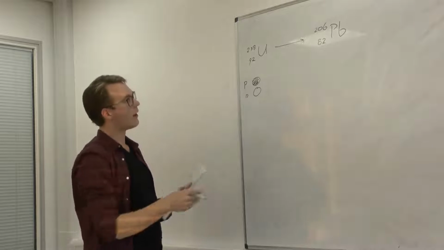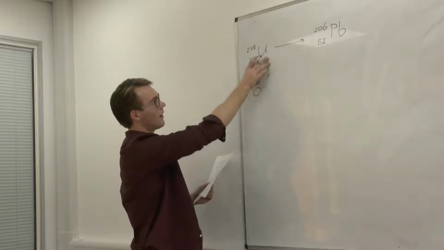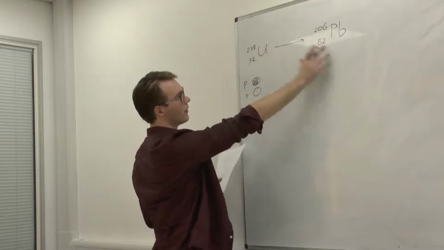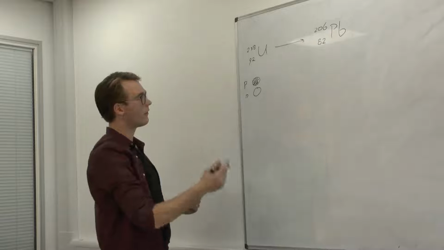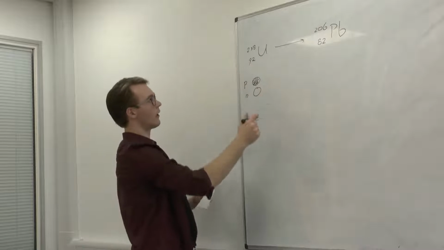And then the question is, how exactly does it decay from this uranium atom into this lead atom? There are various ways by which this decay process can occur.